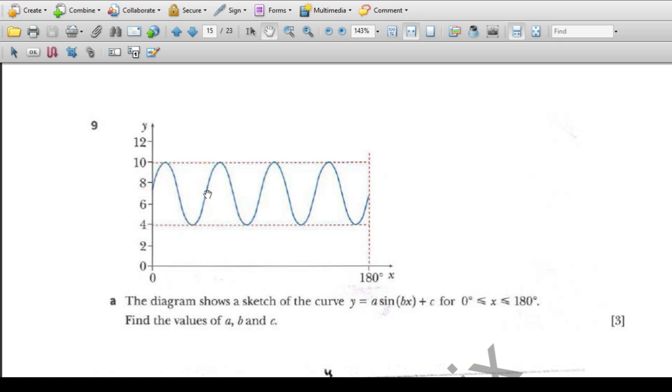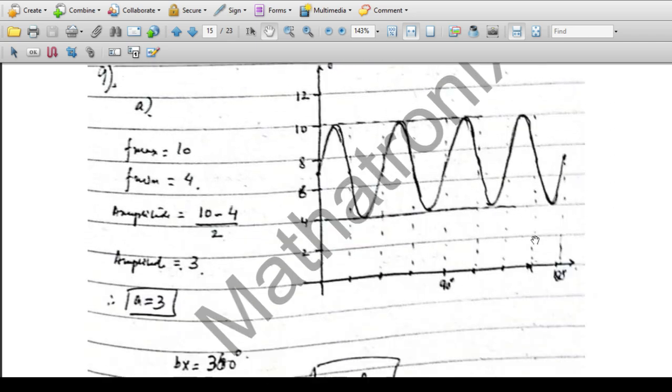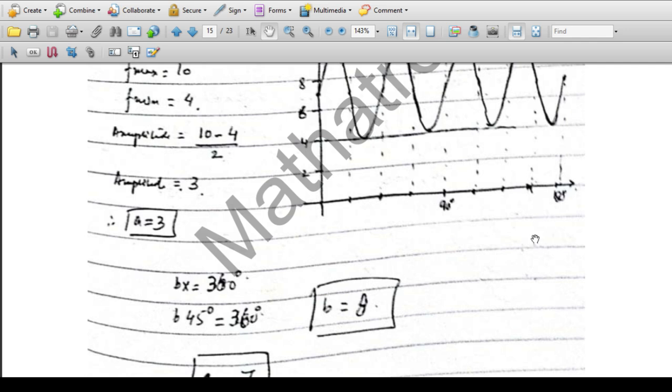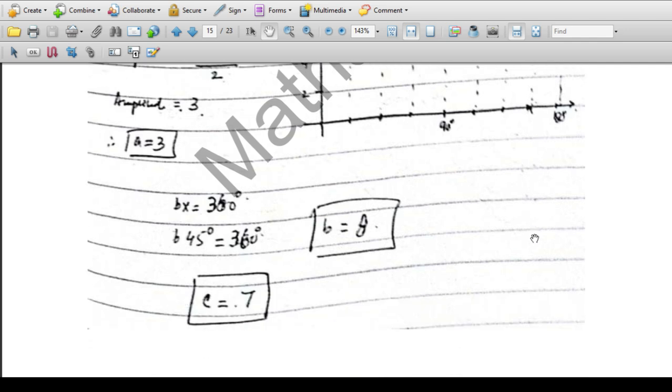From here to here, and after that it is repeating here, second, from here to here is third, and from here to here is fourth. So there are 4 periods in 180 degrees. So 4x is equal to 180 degrees.